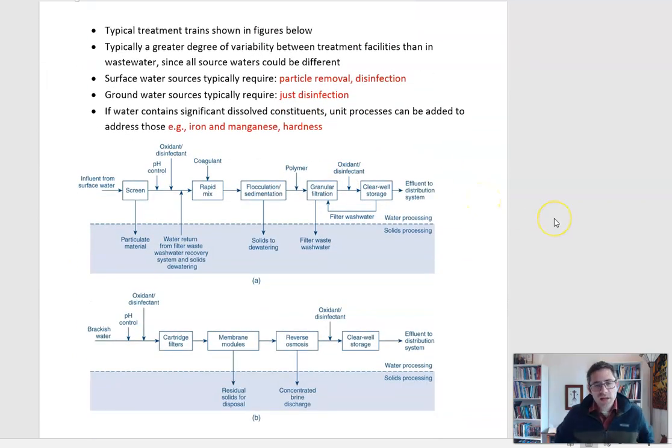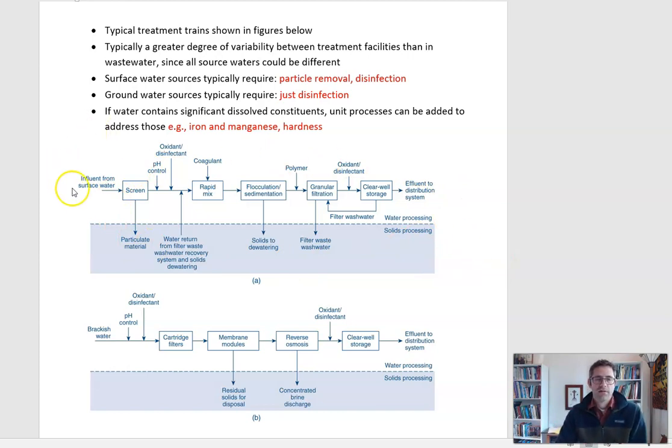Okay, so unlike with wastewater treatment, where what's coming into the treatment facility is pretty similar across the world, right? It's domestic wastewater. It looks about the same wherever you are. In drinking water, depending on what your water source is, what you need to treat looks very different, and thus your treatment process can look very different. So these are some treatment trains from your book. This first one is maybe what I would consider a conventional surface water treatment system.